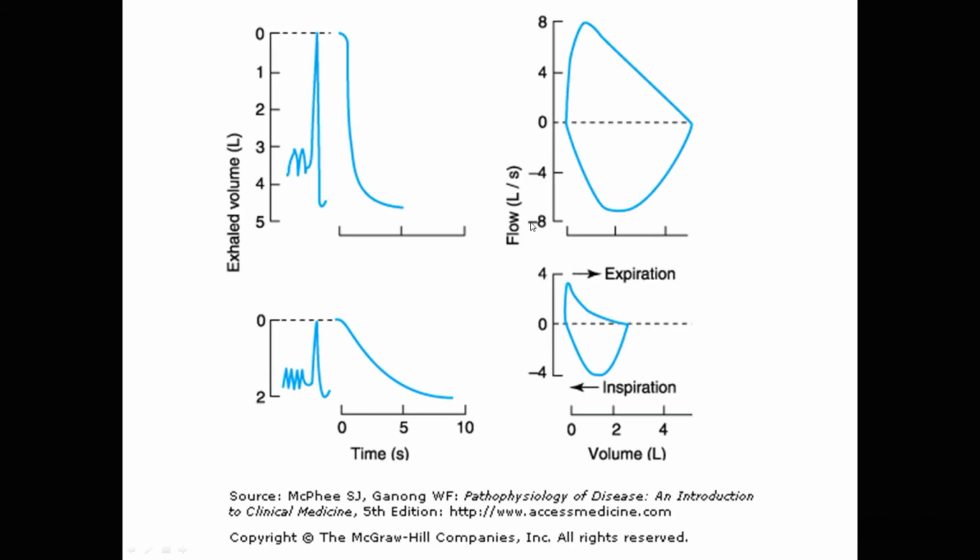What is the functional characteristic of the obstructive change? Here, as shown by this portion of the slide, this is the exchange volume in liters during respiration. This is the normal tidal volume, inspiration and expiration. Forced expiration allows us to expire within 1 second, this is the time presented, about 80% of the vital capacity.